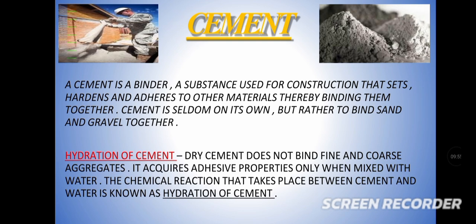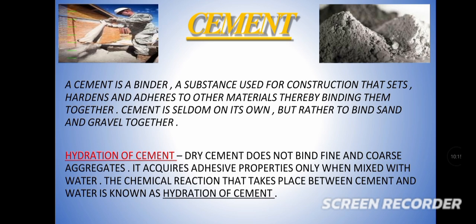Now what is a cement? A cement is a binder. Okay. A substance used for construction that sets, hardens, and adheres to other materials, thereby binding them together. So, what is the role of cement?